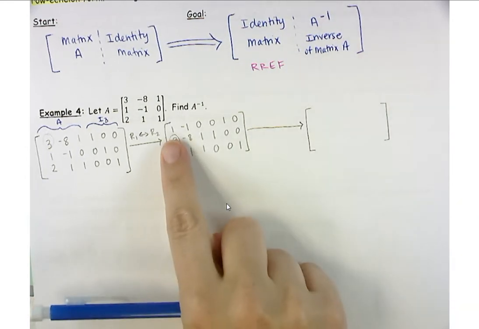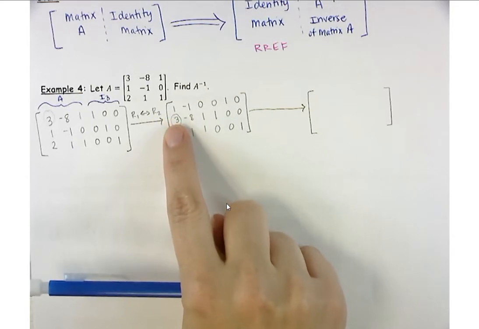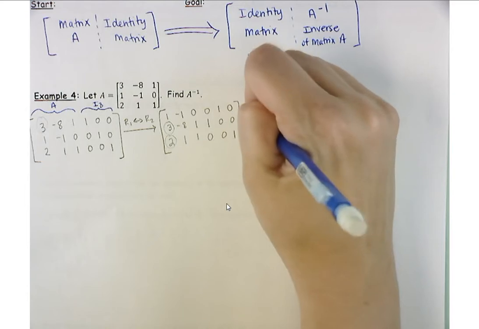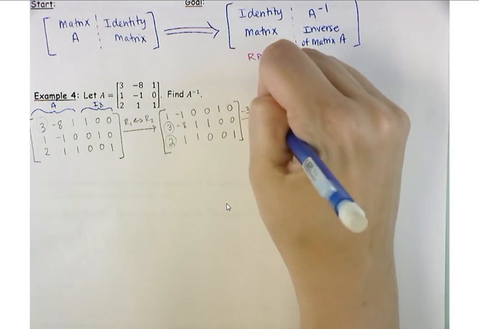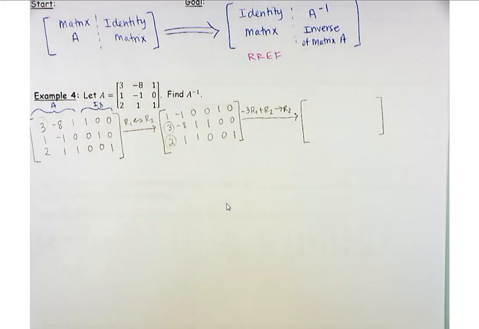Okay, so let's think about what we want to do. You always want to multiply that top row by the opposite. So the opposite of 3 is what? -3, right? So we're going to do -3 times row 1. We're going to add that to row 2, and we're going to make that our new row 2.